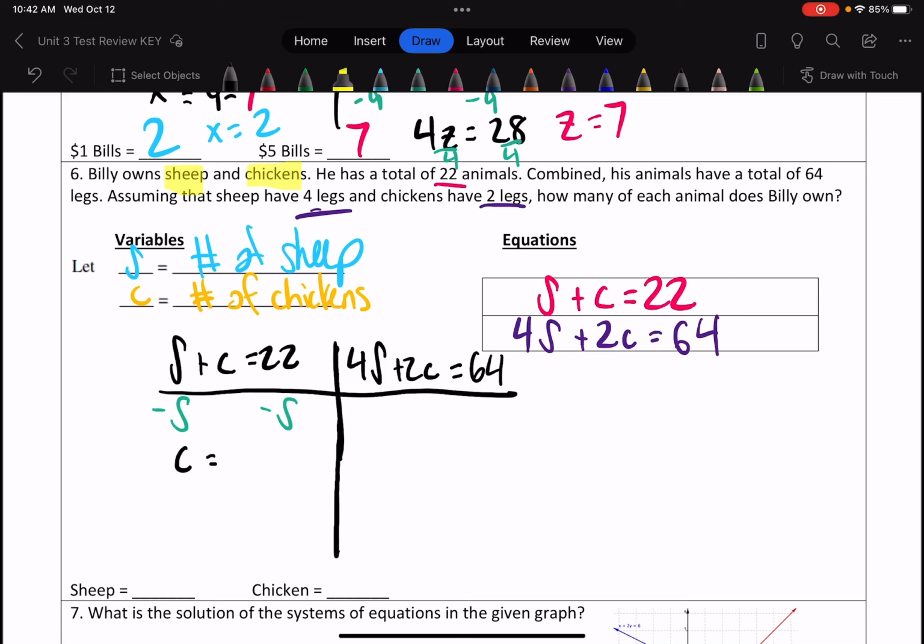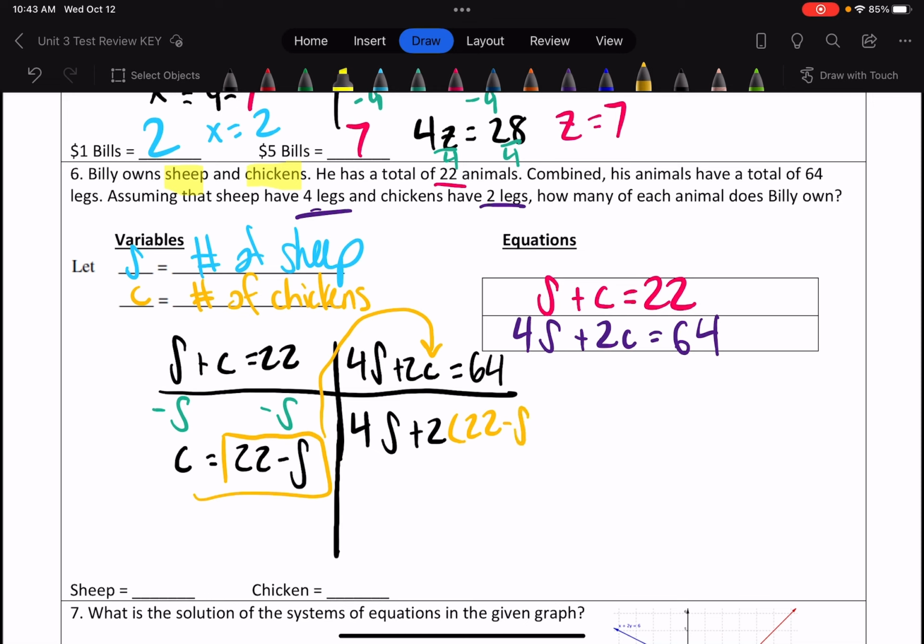So C is going to equal 22 minus S. I am then going to substitute this value into the second equation wherever I see a C. So I have 4S plus 2 multiplied by 22 minus S is equal to 64.